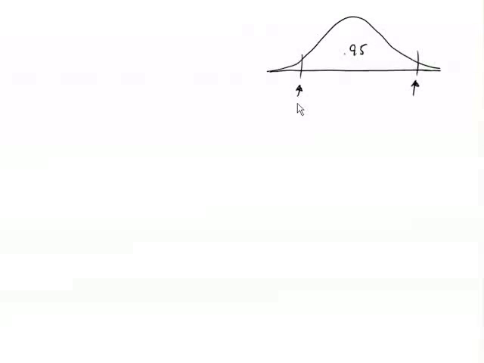If I look at this from a cumulative point of view, if I start from the end and I work to the right, I'm accumulating area under the curve such that at this point I have 0.025. When I get all the way over to here, I have 0.975.